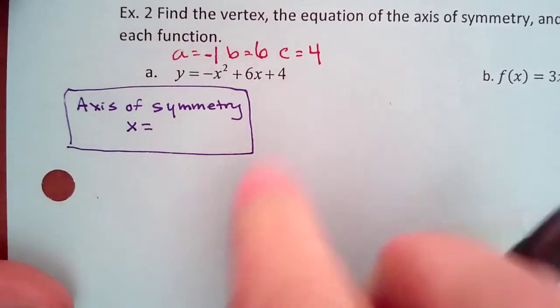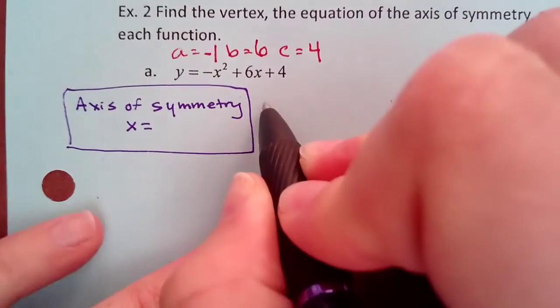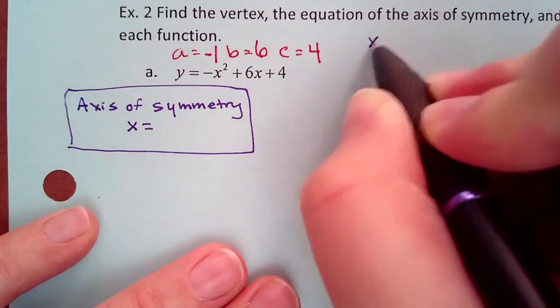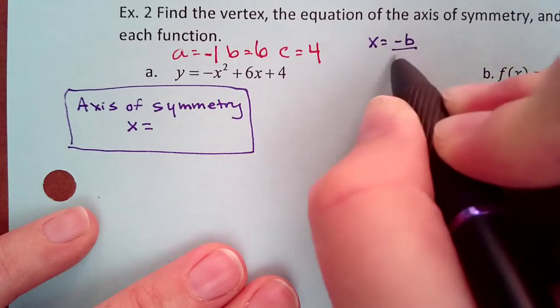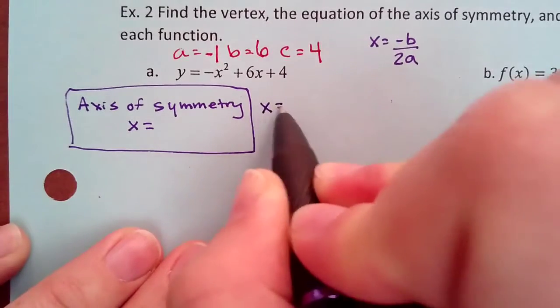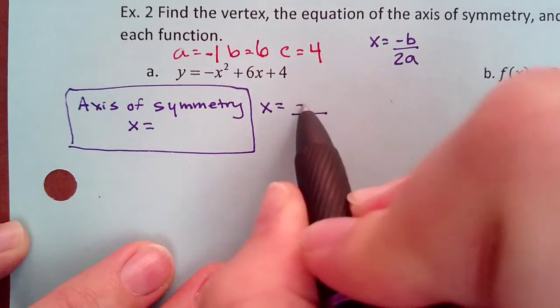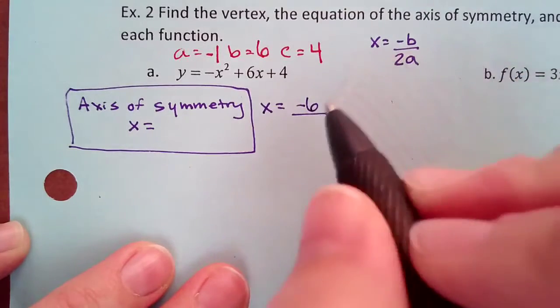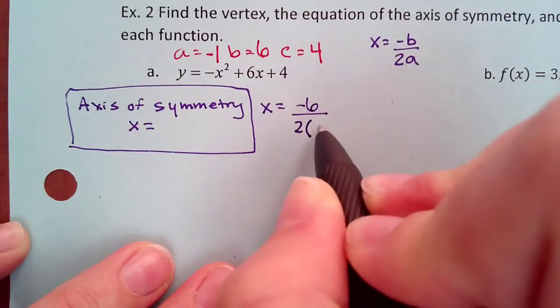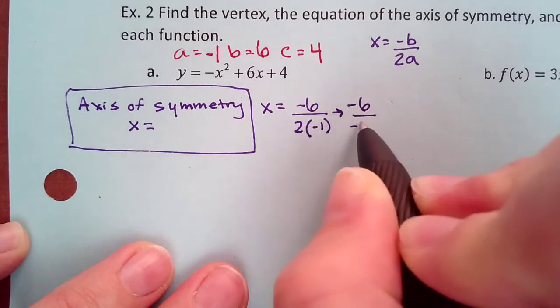I'm going to do my work next to it here so I don't get them mixed up. So maybe I'll even write here, x equals negative b over 2a. And we say that as the opposite of b over 2a. So let's plug into that formula. Opposite of b, so the opposite of 6, negative 6. Over 2 times a, which is negative 1. So that's negative 6 over negative 3.